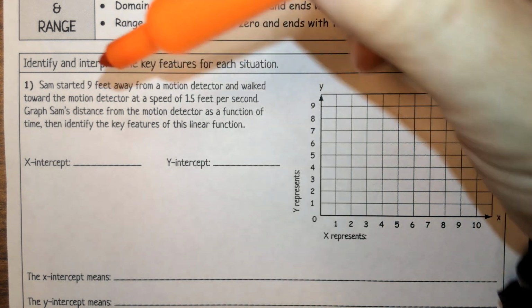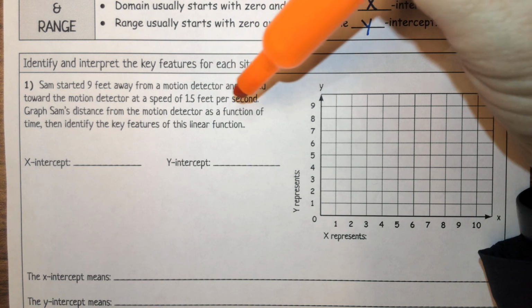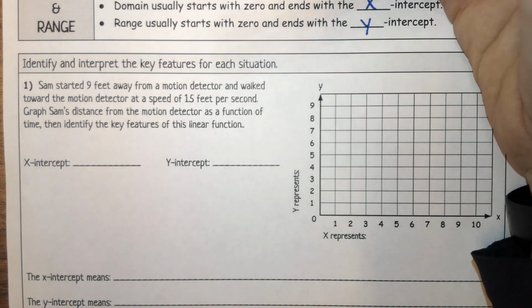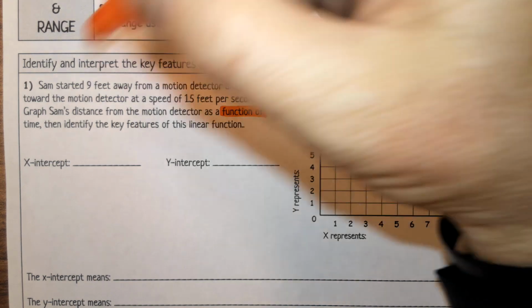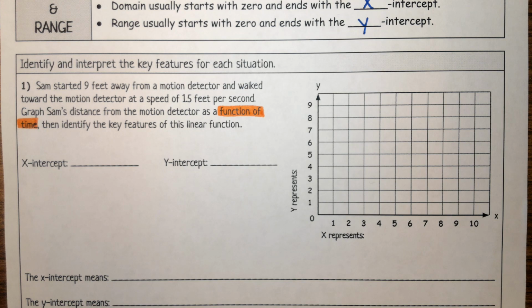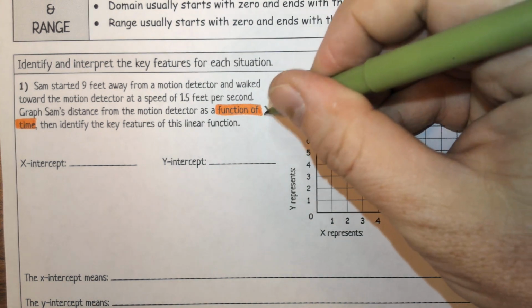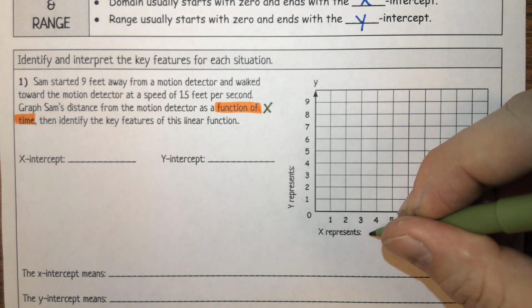Right here where it says graph Sam's distance from the motion detector as a function of time. Anytime you see the function of, and then something, function of time, that is going to be your x. So function of time is x. So we can go over here, and x represents time.